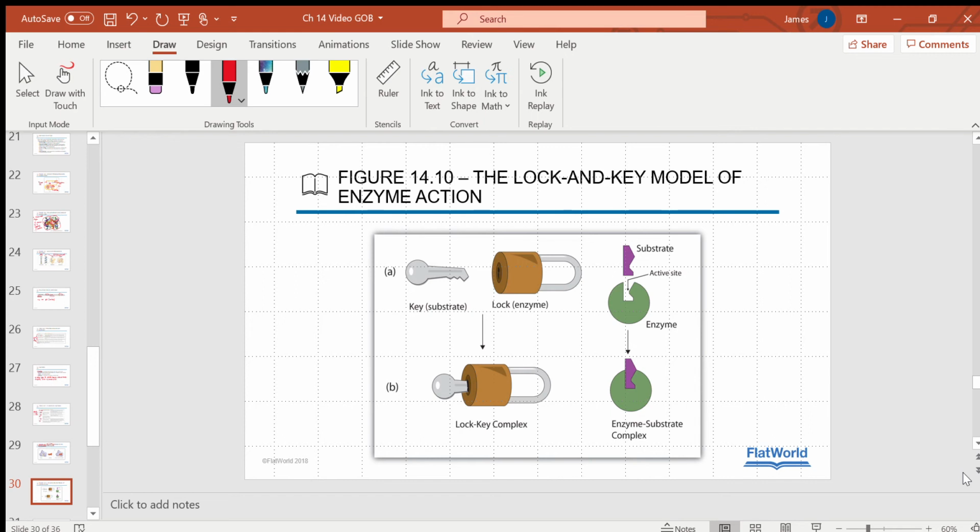Notice that the lock and key is highly specific. So in general, enzyme action has high specificity.